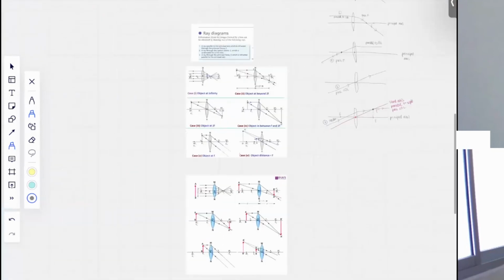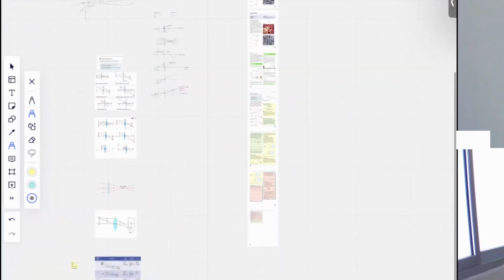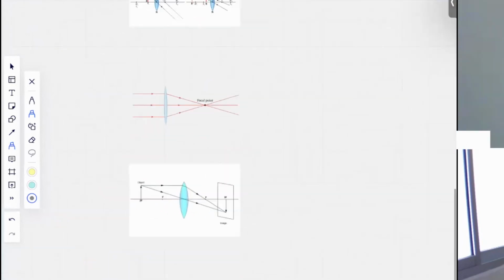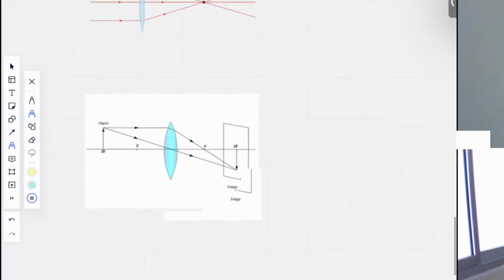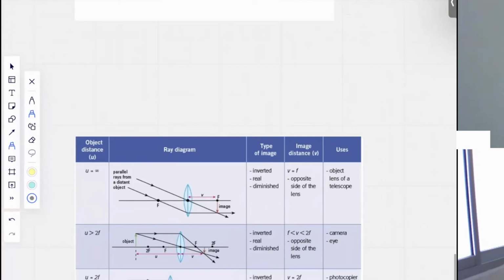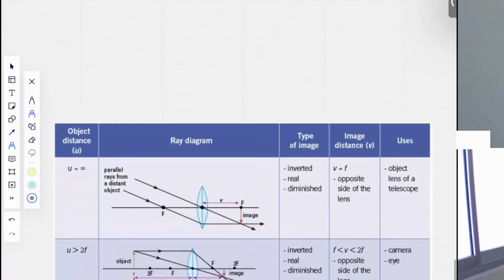Then how do you draw the image? How do you draw the image? You use minimum 2 light just to find the image here. Yeah. This is light number 2. This is number 3.